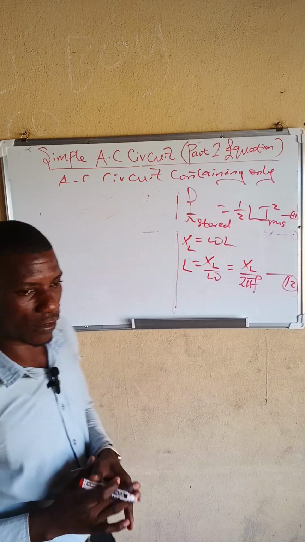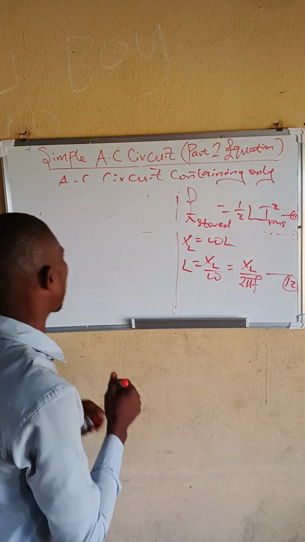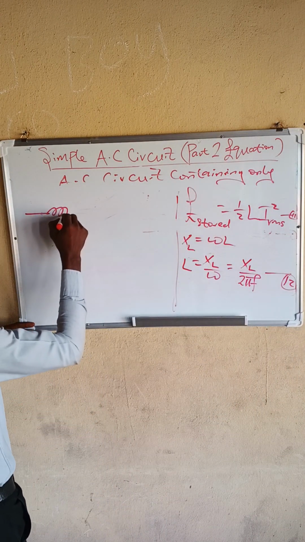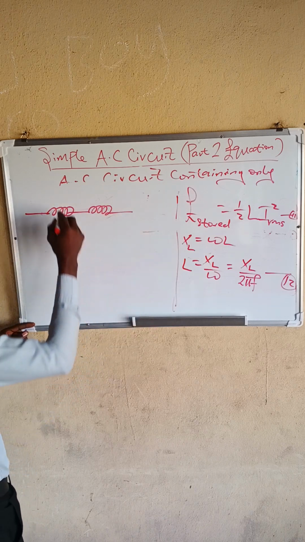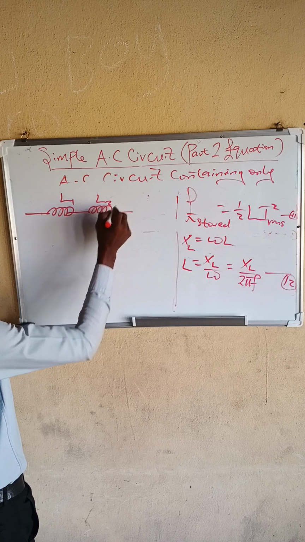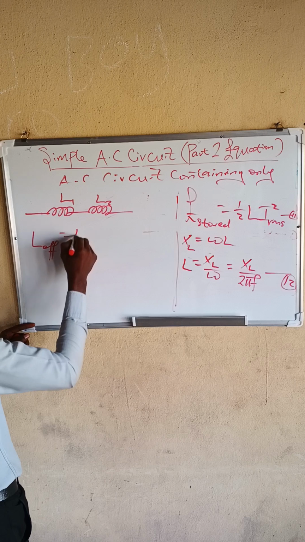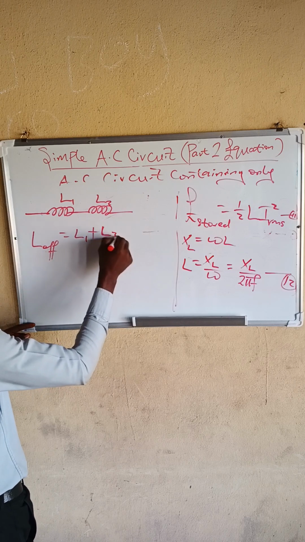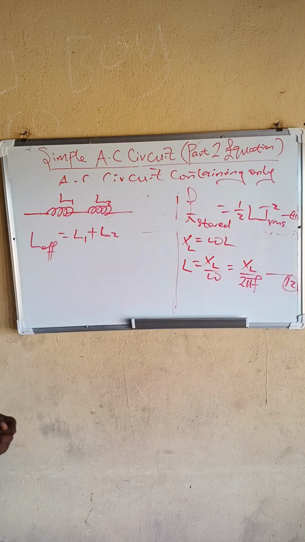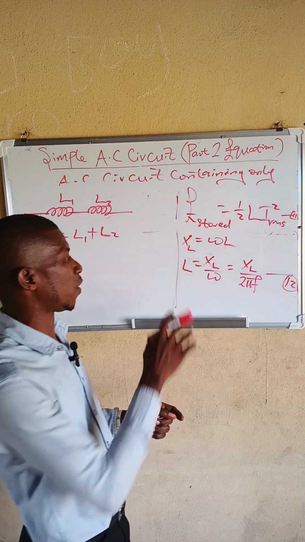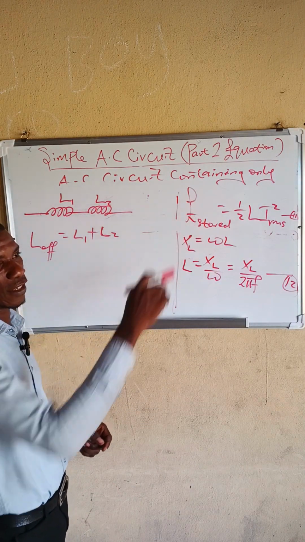If you have inductors connected in series, L1, L2, then the effective inductance, which is the equivalent or the total, will give you L1 plus L2 in case these are connected in a circuit. So that is how this one is being modeled. I've just derived the equations for an inductor connected in an AC circuit.